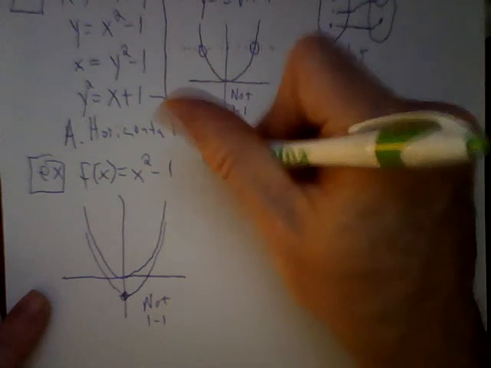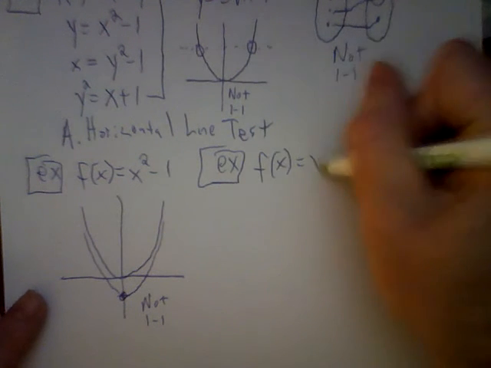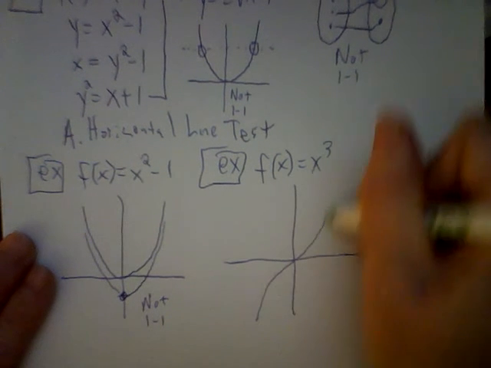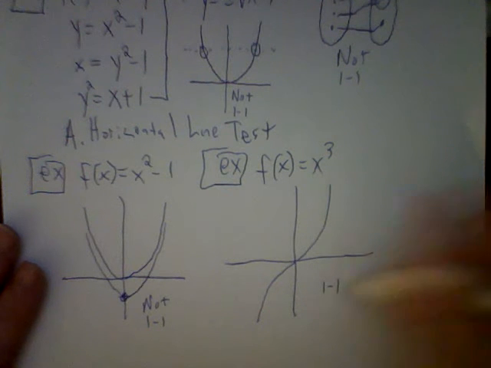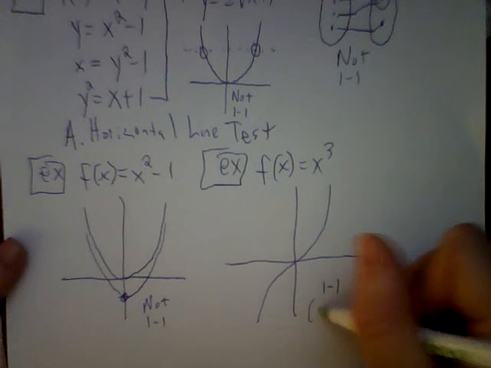Another example, the common function f of x is x cubed. Okay, so it looks like this, and this is 1-to-1. And then, again, by the way, if it's 1-to-1, it's invertible.